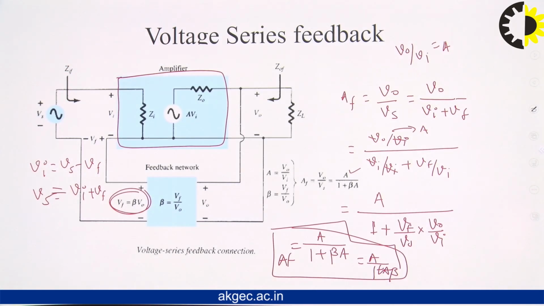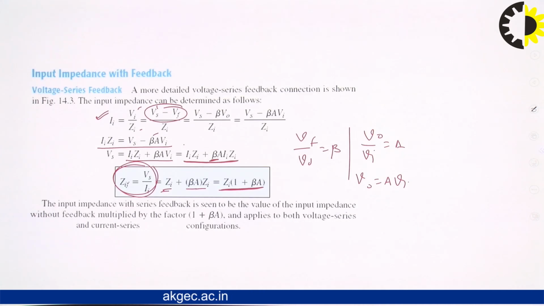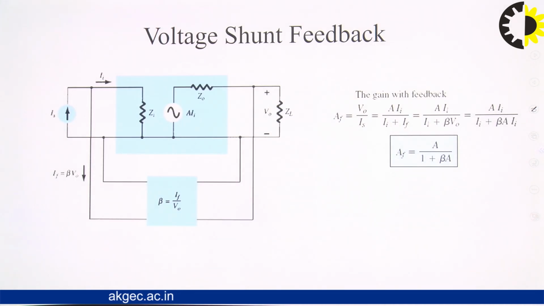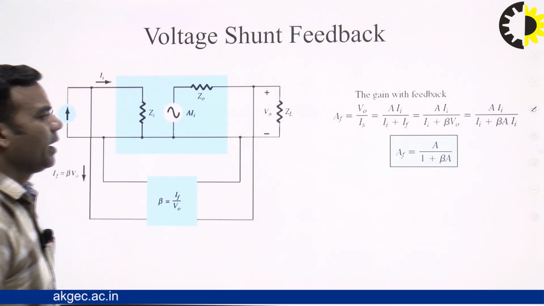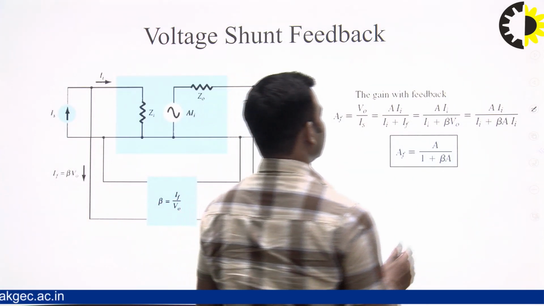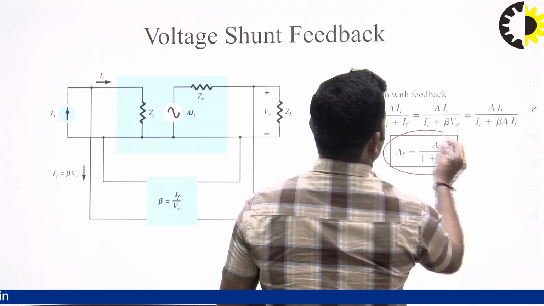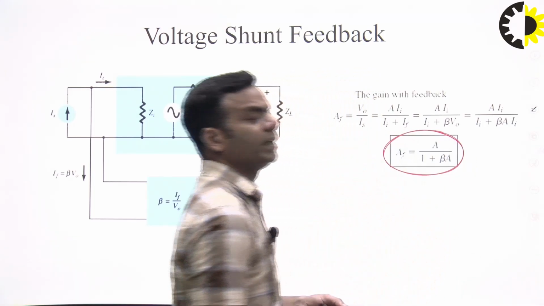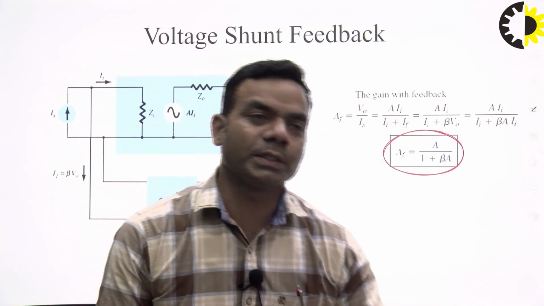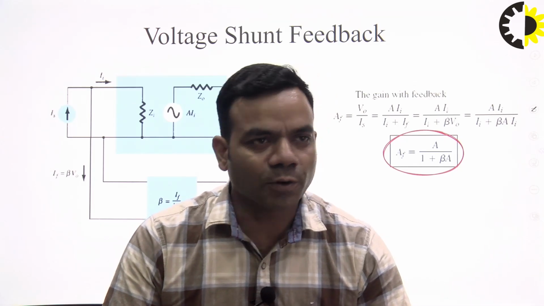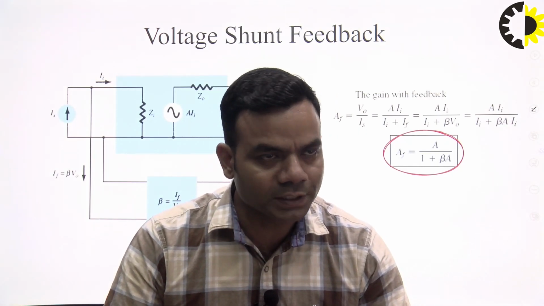So in this way, you can analyze any amplifier, and the feedback gain, or gain with feedback, will be equal to A upon 1 plus A beta in case of all the 4 feedback topologies.